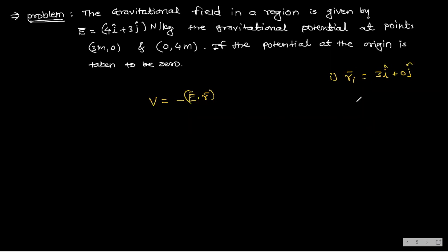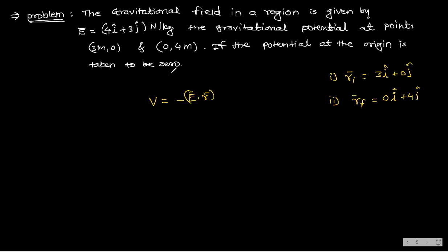And the second point, Rf bar, is 0i cap plus 4j cap. Because in the first case the y coordinate is 0, in the second case the x coordinate is 0. Understood?